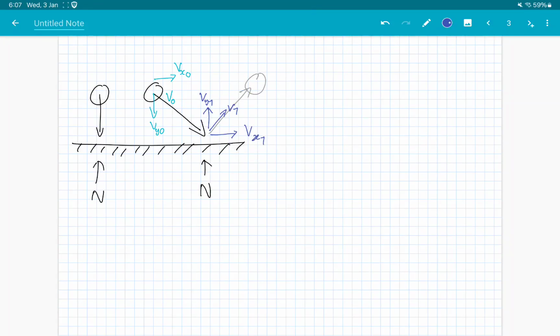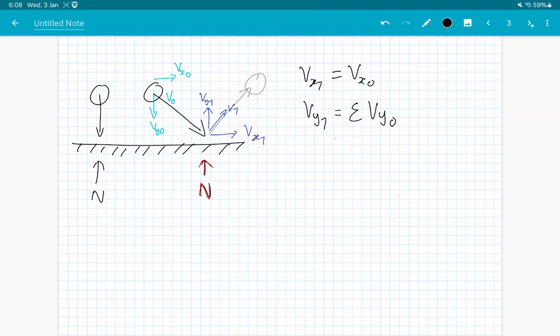Because you only have a reaction force from the ground that is pointing upwards, this proves that your vx1 is always equal to your vx0. However, your vy1 is the coefficient of restitution times your vy0.